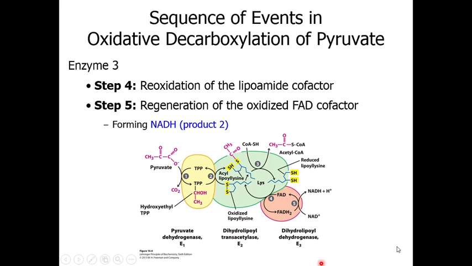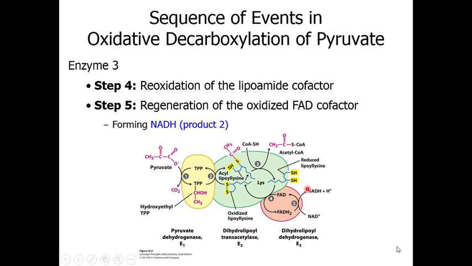This enzyme promotes transfer of 2 hydrogen atoms from the reduced lipoyl group of E2 to the FAD cofactor, and FAD gets converted to FADH2, which then converts NAD plus to NADH and a proton. In step 5, regeneration of the oxidized FAD happens, and that is done in presence of the NAD plus that is waiting to accept electrons from it.